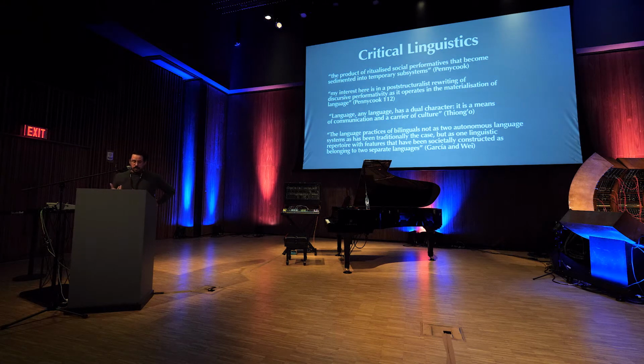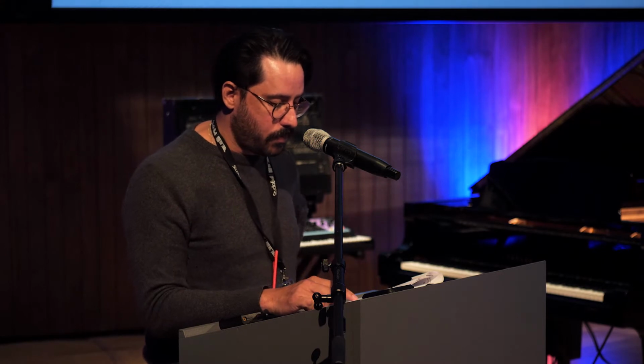So translanguaging is defined as the language practices of bilinguals, not as two autonomous language systems, as has been traditionally the case, but as one linguistic repertoire with features that have been societally constructed as belonging to two separate languages.